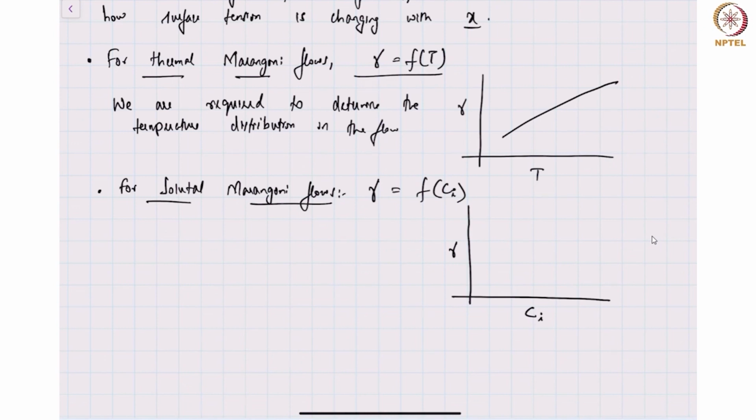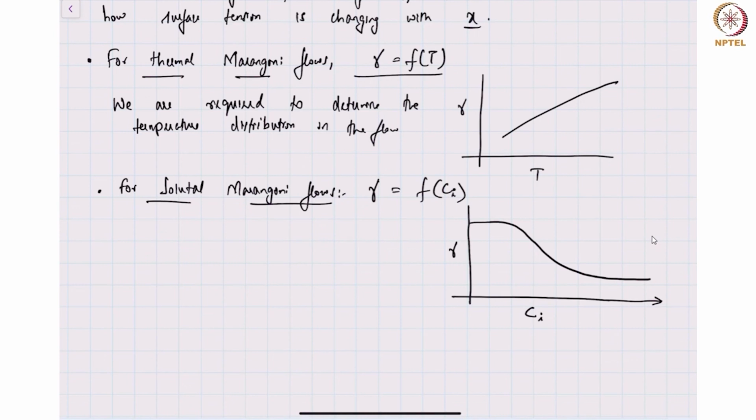So you have a typical curve which looks like this. At large concentrations, surface tension reaches a saturation value, and at very, very small concentrations, again, surface tension reaches a saturation value for the clean interface. Clean interface as in, what is the surface tension in the absence of surfactants?